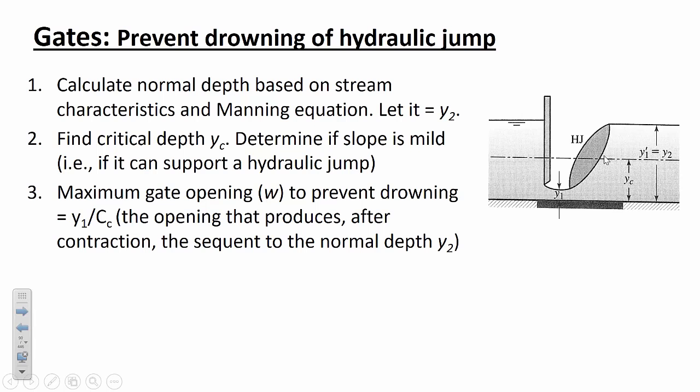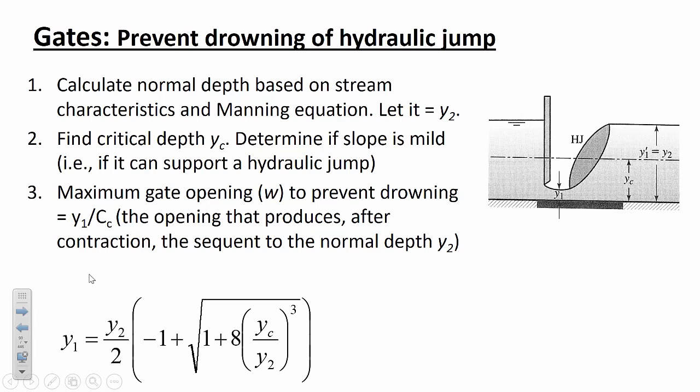And so in the analysis, they'll often ask, what's the maximum gate opening that you could have without drowning the hydraulic jump? And so what you do is you use the hydraulic jump equation, and you try and find out if your Y1 is going to be matching up with Y2, meaning the normal depth, and that's the perfect ideal case, that the hydraulic jump immediately goes to the normal depth downstream.